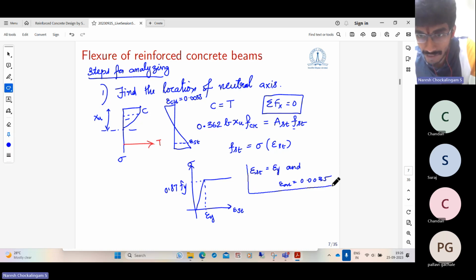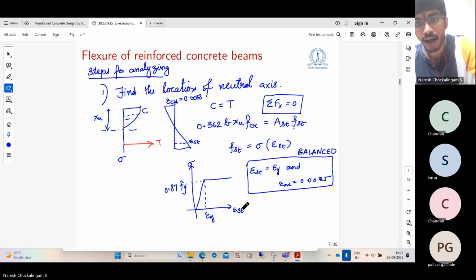If this is simultaneously satisfied, what we have is a balanced section. That is a very special case, but usually our sections are not balanced. It is not easy to design a balanced section. Why is it called balanced? Because failure happens simultaneously in steel and concrete at the same strain level.